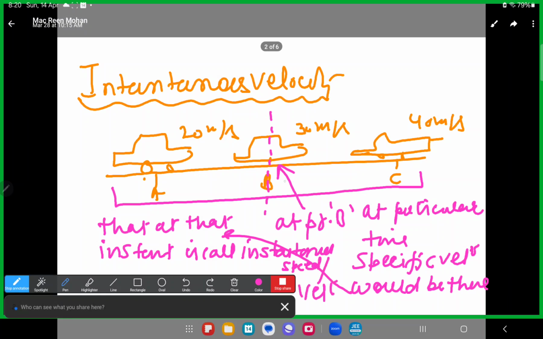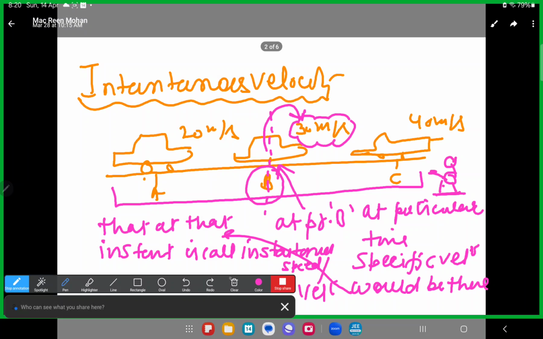So here we can say, if they're asking what is the velocity at point B, you will directly say 30. So here it is a very specific velocity. But if the same person asks what is the velocity during the course of the journey, you get confused. But if you're asked what is the velocity at point B, you are able to express your answer very particularly. So this is called instantaneous velocity.